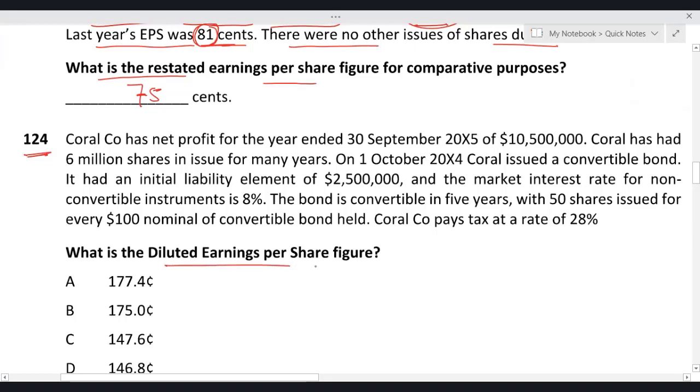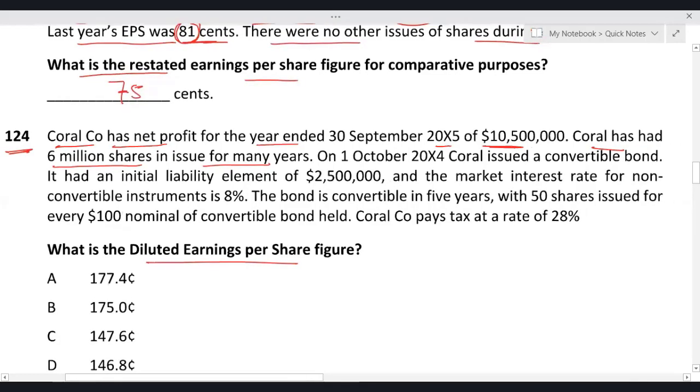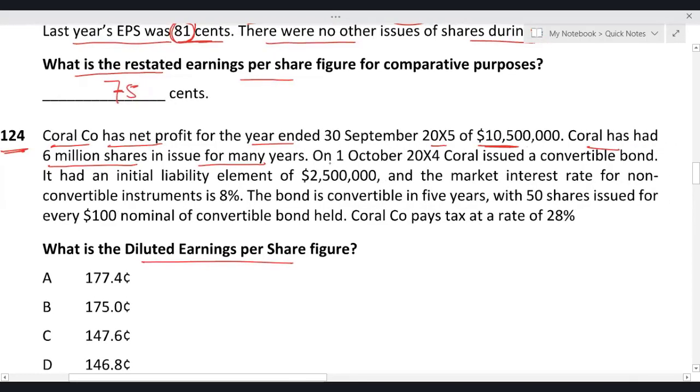What is the diluted EPS? Coral Company has a net profit for the year ended 30 September X5 of 10,500. Coral has had 6 million shares in issue for many years. On 1st October X4, the start of the year, Coral issued a convertible bond.